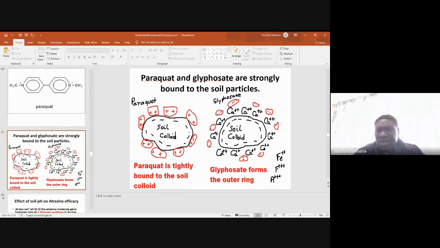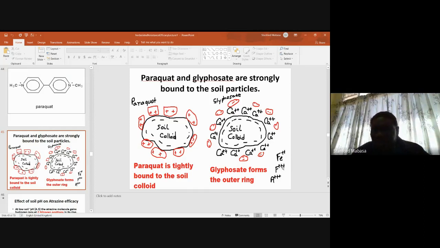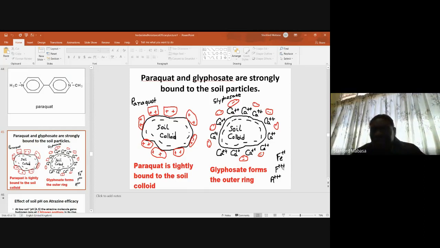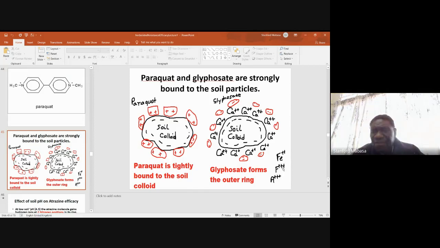What can happen is that the soil colloid, which is negatively charged, attracts calcium ions, or ferric ions, Fe++ or Fe with 3 charges, or aluminium. Now, in this case, we are using calcium, which also occurs in the soil, which is attracted to the soil colloid.